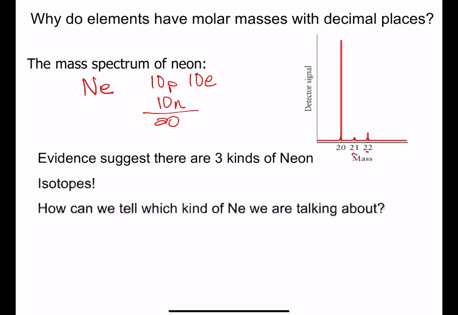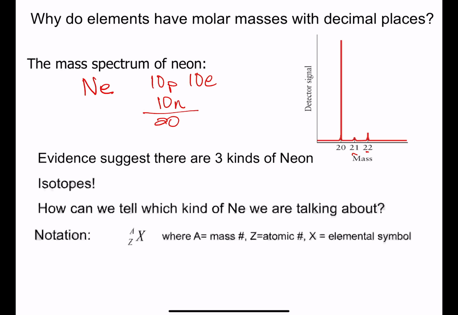So how do we tell one kind of isotope from another kind of isotope to know what we're talking about? Here is some notation that the textbook uses, where X is our elemental symbol, so neon, Z is the atomic number, 10, and A is the mass number, for example, 20.